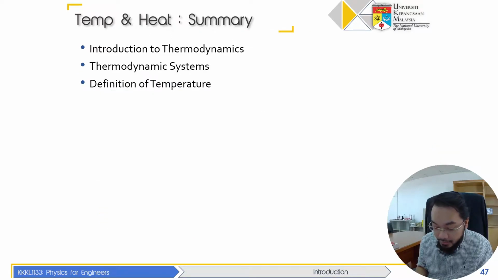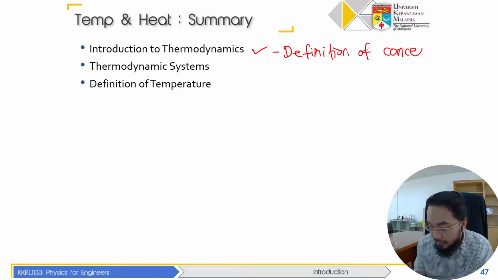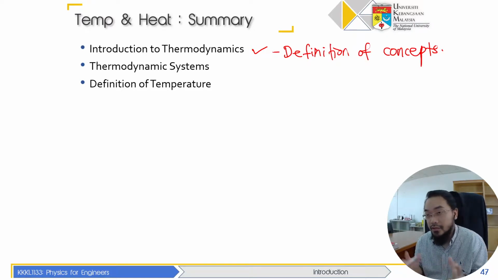So today, in this lecture, we have looked at the introduction to thermodynamics. The important things that you need to obtain from this introduction are the definitions of different concepts: the concept of thermal energy, heat, temperature, thermodynamic systems, the state of the system, thermal equilibrium, and so on.